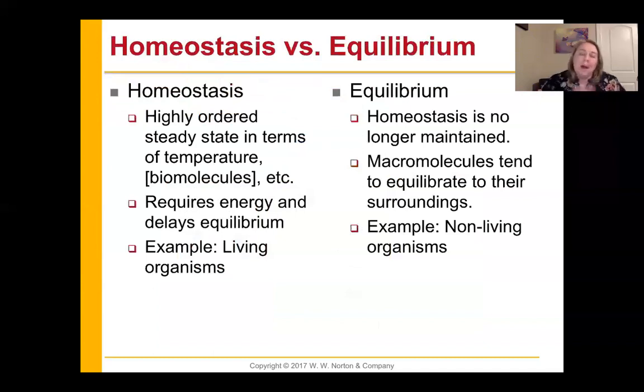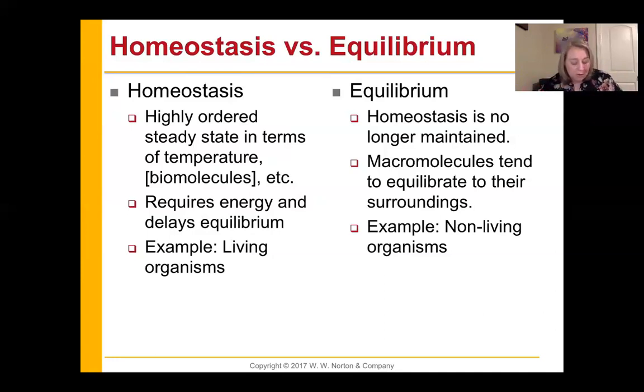So why do we have to do this work? Well, the big reason is that we have to maintain homeostasis. Homeostasis is super, super important. If you're not maintaining homeostasis, you're dead. It's a highly ordered steady state in terms of temperature, in terms of concentration of biomolecules. And it's really important to note that what our cells are maintaining as homeostasis is not equilibrium.